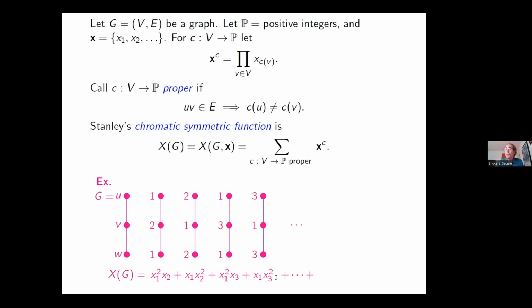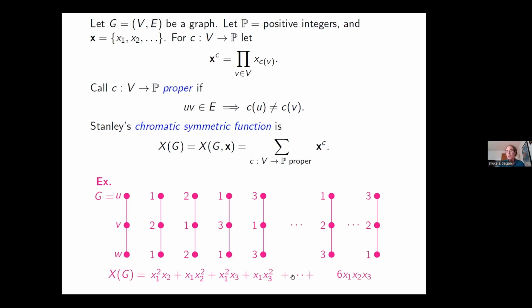But of course, that's not the only way to color this. I could use 3 different colors. What happens if I use 3 different colors? Well, say the colors 1, 2, and 3. Since I have 3 different colors and 3 vertices, I can slap them on the vertices any way I like, and I'll have a proper coloring, right? Because I'm using each color exactly once. There's 3 factorial ways to put those 3 colors on the 3 vertices.